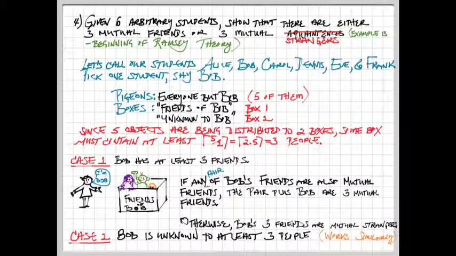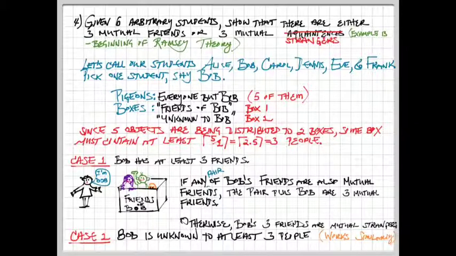Case 2 is where Bob has at least 3 unknown members, so rather than being friends, they would be strangers, and the argument is going to work similarly. This time, if any pair of Bob's unknown people are also unknown to each other, we would get a mutual triple of strangers if we included that pair in Bob.